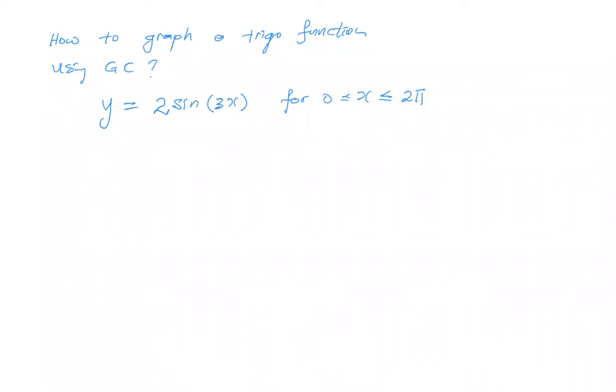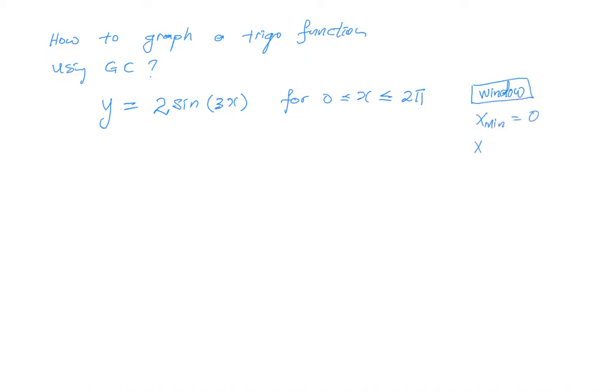Okay, someone has given us the graph, let's see how it looks like. Okay, so may I know when you set your window, under your window, your x minimum, you put as 0.